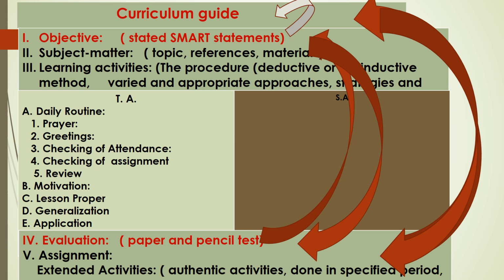Then, it should be reflected on the activities that you will use in your evaluation or assessment items. That you have to take into consideration what you expected from the students, and then you will reflect that in your objective.